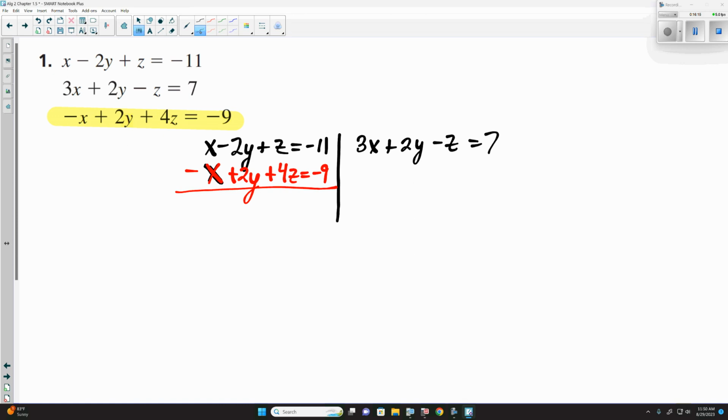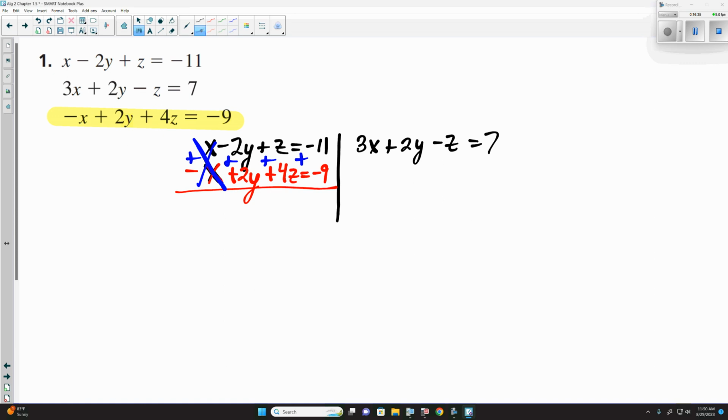Now, would we add or subtract them? Add to get the x's to eliminate. Because if the signs are opposite, we add. X plus negative x, 1 plus negative 1. 1 minus 1 is 0, so those cancel.